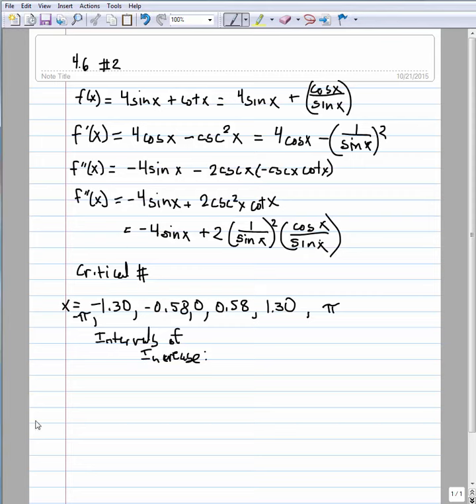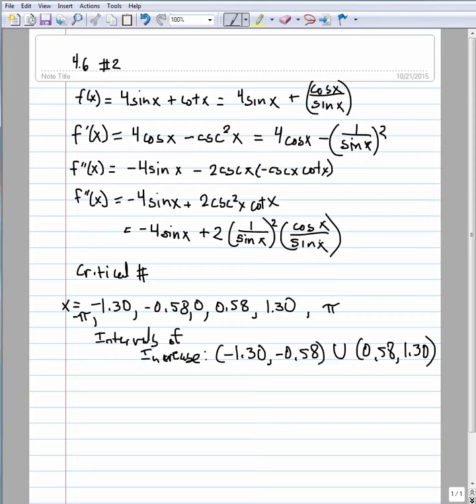So it was between negative 1.30 and negative 0.58, and then we can union that with the set 0.58 to 1.30.